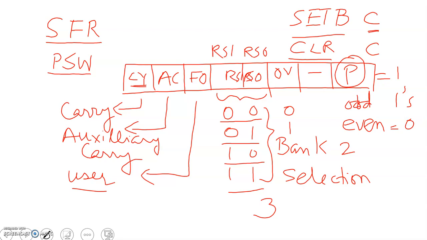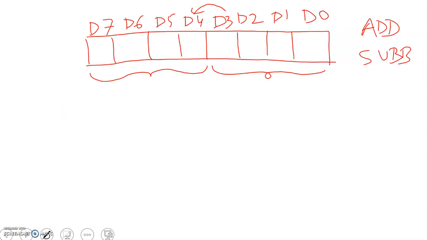So this is your parity flag. I will talk about the overflow flag after some time, when I have discussed signed operations. Okay, so let me take some example to illustrate the operation of the PSW register.